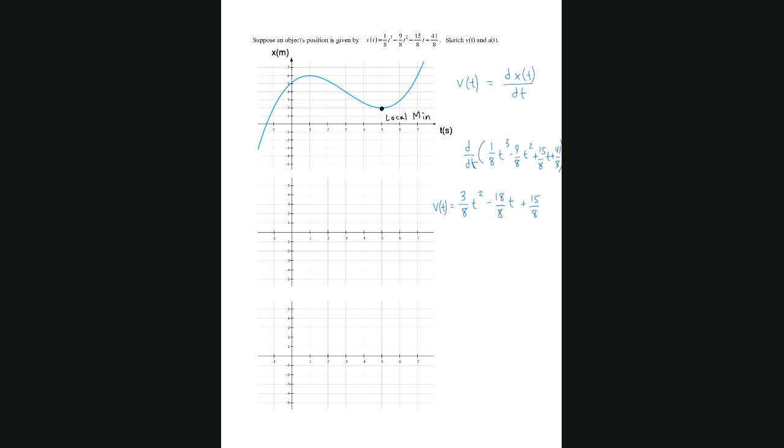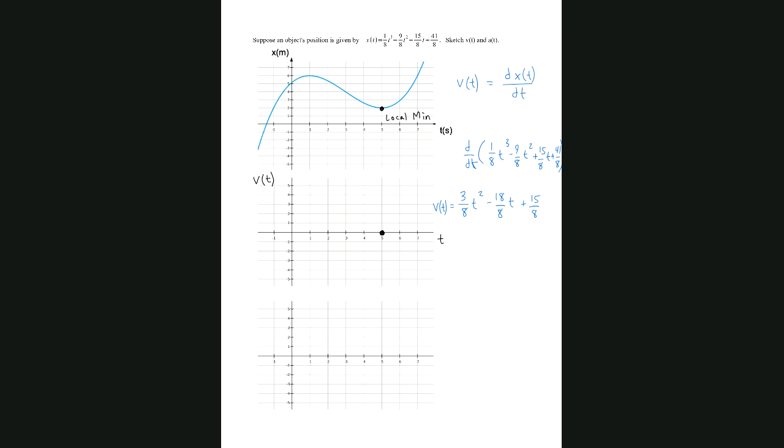Now, one thing about a local min is that it is a place where the velocity needs to be 0. So when I go down here to sketch my velocity function, I'm going to make sure that I have a 0 on that graph where the local min happens.